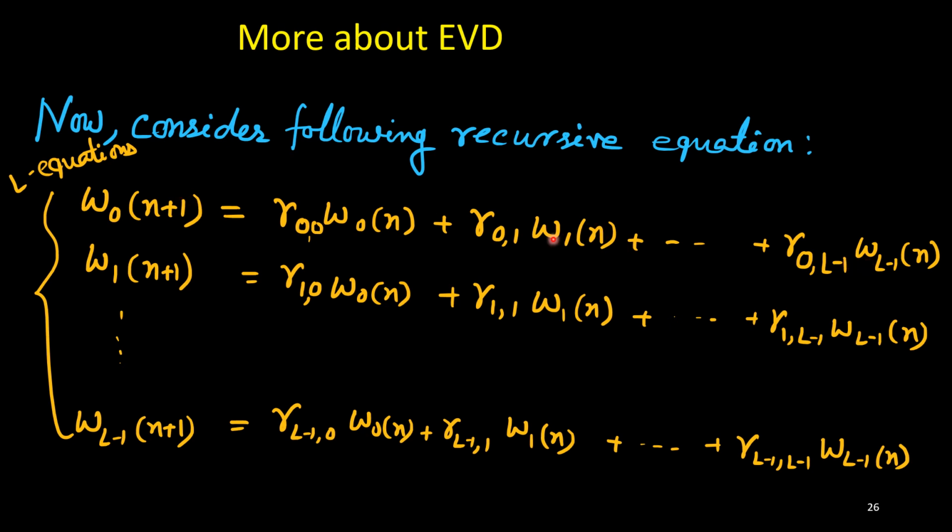This is one problem here. If it is depending on its own variable only, then it is absolutely fine. We can say that if this value is within plus 1 to minus 1, then it will converge. But as other terms are also there, it's not easy to say that W0n will converge to 0 with the condition only on R00.